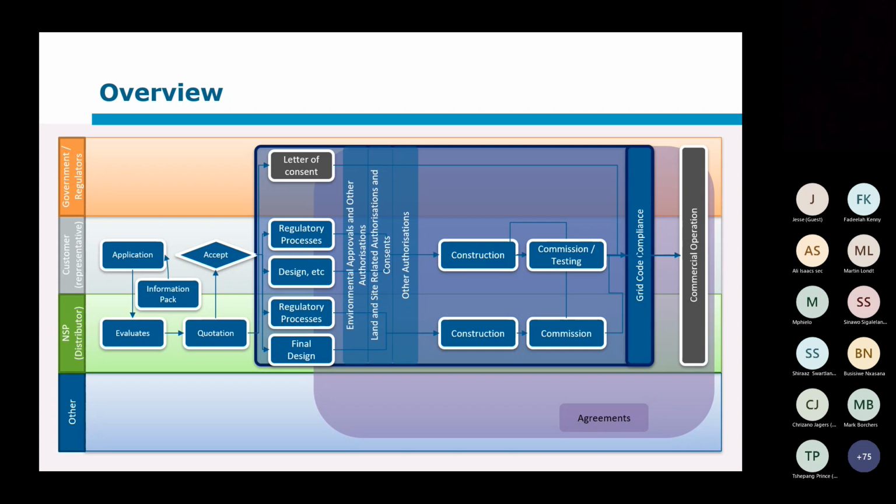Let me just get my train of thought there, sorry. So the agreements can include different parties. It's not always just between the distributor and the customer, but there might be other parties. So for instance, with a wheeling agreement, that can be other customers, or also with wheeling type of arrangements, there can be agreements with other municipalities, for instance, or other distributors.